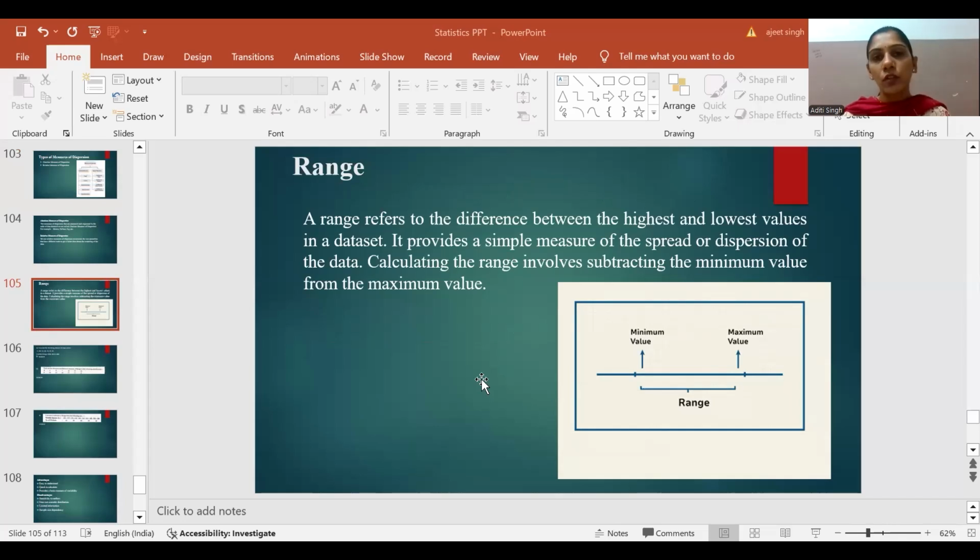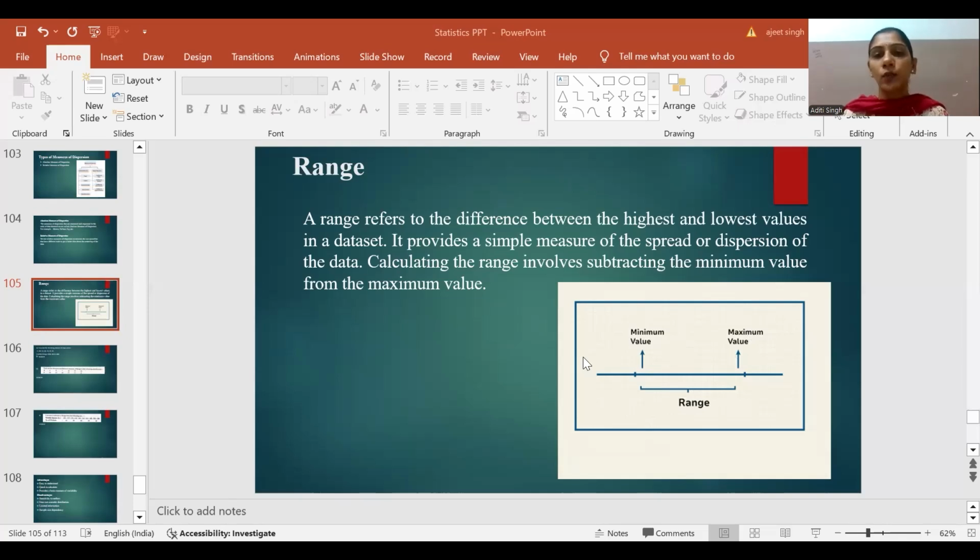As I have already told you, range is the difference between the highest value and the lowest value in a data set. As you can see in this given picture, range is the difference between the minimum value and the maximum value. Basically, it provides a simple measure of spread or dispersion of the data.